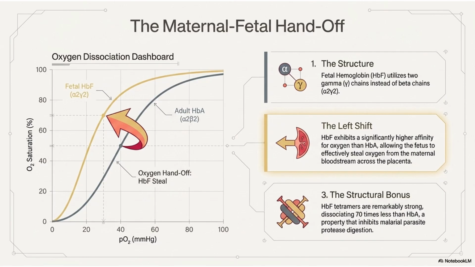Without this difference in affinity, oxygen transfer across the placenta would be far less efficient, and fetal development would be compromised. So the fetus doesn't receive oxygen because its blood contains more oxygen. It receives oxygen because its hemoglobin is better at capturing it.